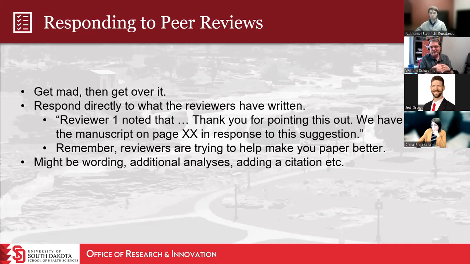Figure out a way to add the suggested citation into your manuscript, because remember, it's a blind review. Most all of them are blind, so they don't know who you are and you don't know who they are. But if the reviewer suggests citing a certain paper, then find a way to cite that. It'll help. It's not that much work, and it'll help you get your paper published with less hassle.